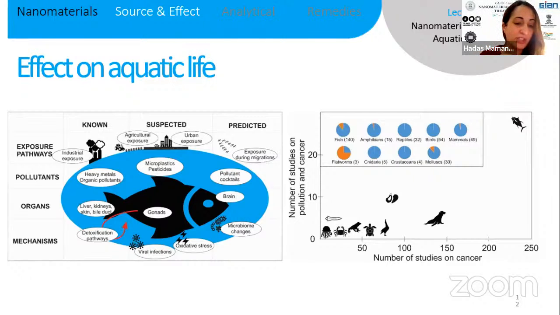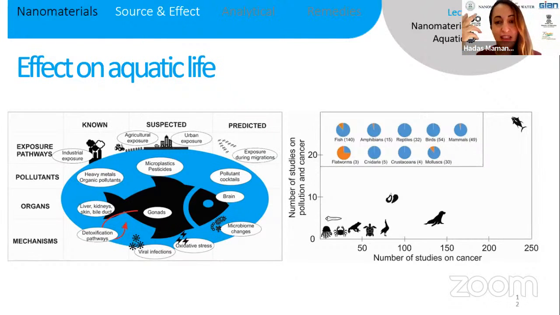Also, the concentrations of the nanomaterials or the nanopollutants have an impact on the habitat. So it's also due to the interconnectedness, due to the anthropogenic contamination, there are also issues with the concentration.